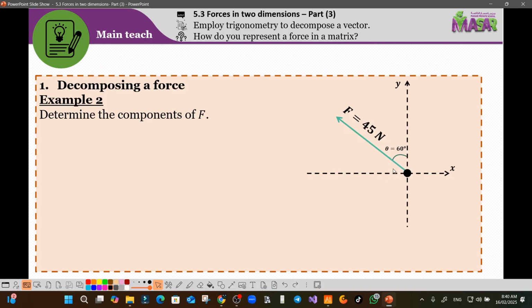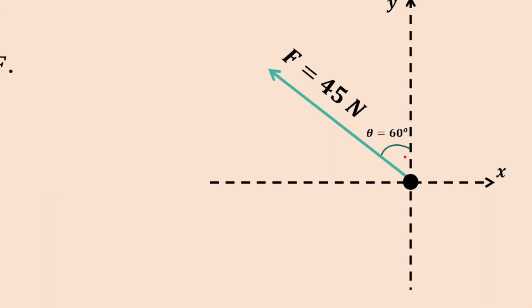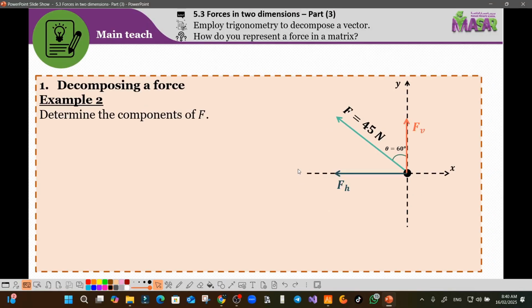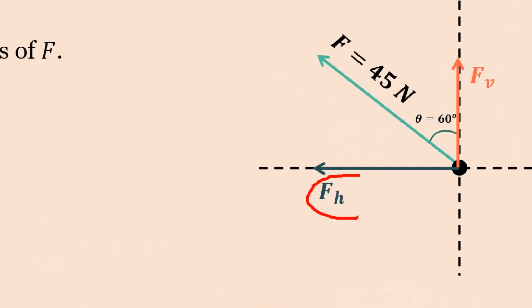Now here in this case, we can notice that this angle is not x type, this is y type because it's measured between the F and the y axis. Now the corresponding components are FH and FV, where FH, as we can see, is leftward, FV is upward.